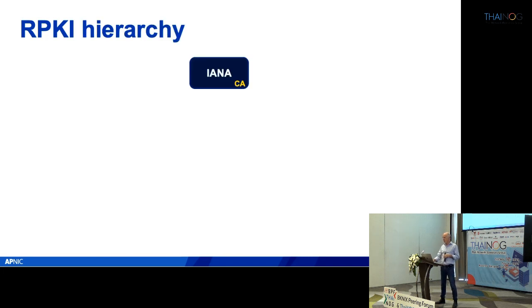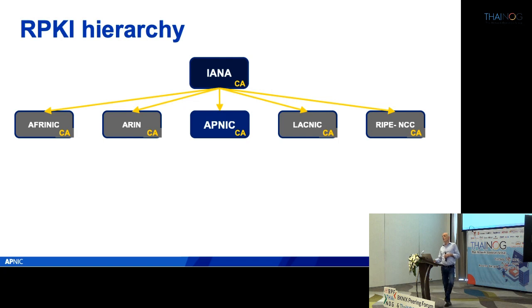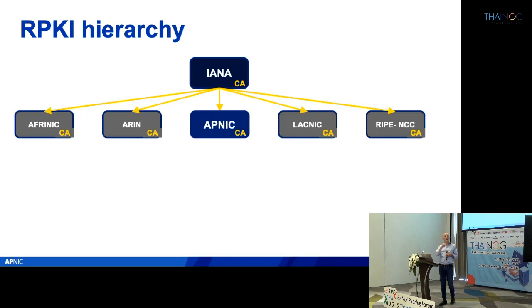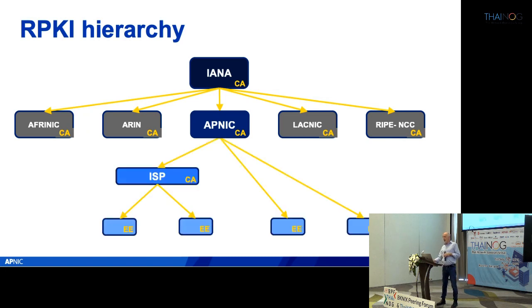So that matches up quite well, and the theoretical model is shown here, where the allocation hierarchy starts with the IANA, Internet Assigned Numbers Authority, at the top, and it goes to the 5 RIRs. So the 5 RIRs receive addresses from the IANA, and the IANA, in theory, issues certificates to the 5 RIRs as a certificate authority for the address space that we hold.